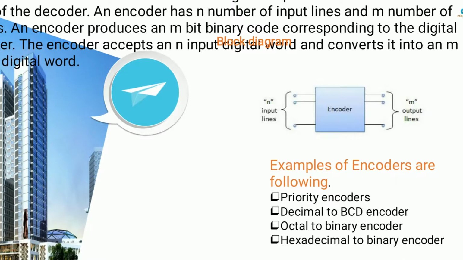Just to understand this, an encoder is a device or a circuit that helps us convert data from one form to another form. Remember this. And where will we use these encoders? Priority encoders, decimal to BCD encoder, octal to binary encoder, hexadecimal to binary encoder. I already said we are using encoders for one purpose, to convert data from one form to another form.